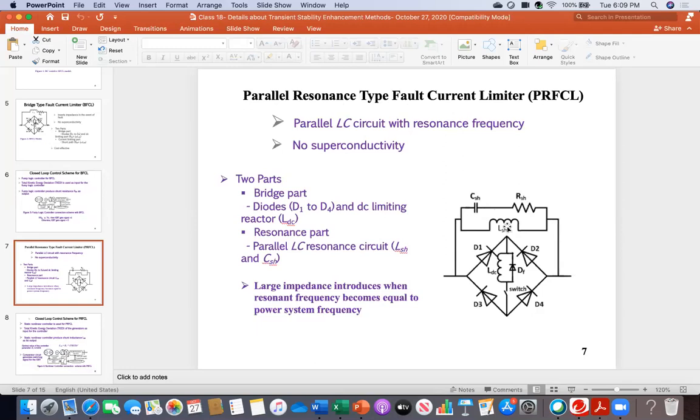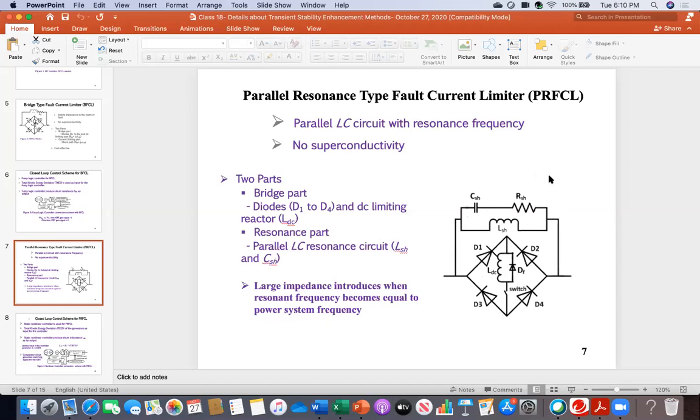Now, how does it work? Because it is the parallel combination of L and C here, the working principle is the same. During normal condition, DC current will flow. You see, the switch is closed. Once a fault happens, the switch will open, and current will flow through this path. But because L and C are in parallel, it will form a parallel resonance.